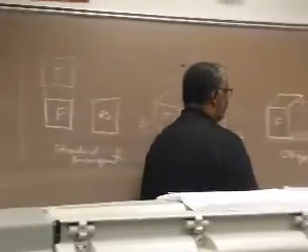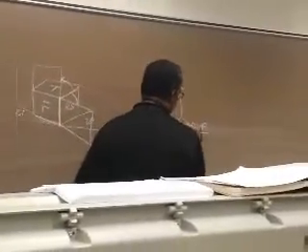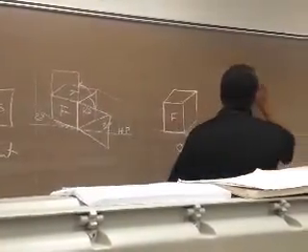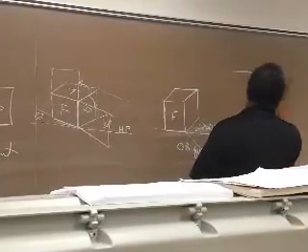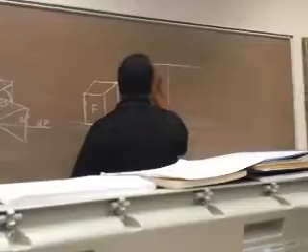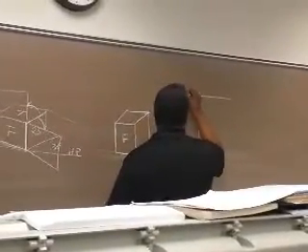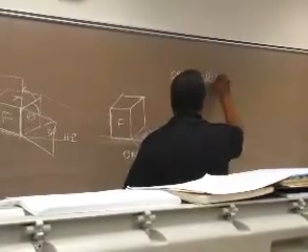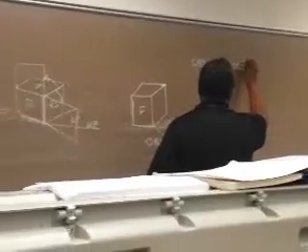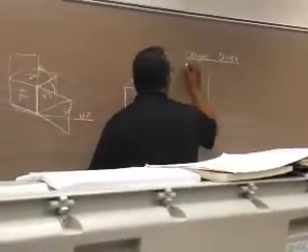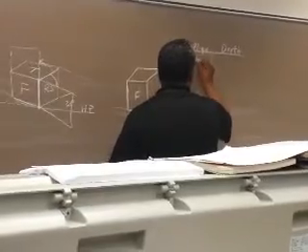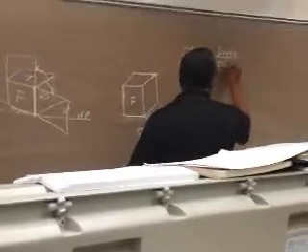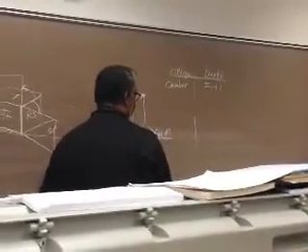Now, you got three types, and it's based on the depth here. So when we're dealing with an oblique, we have our cavalier. With a cavalier, this distance is the full distance on the depth.